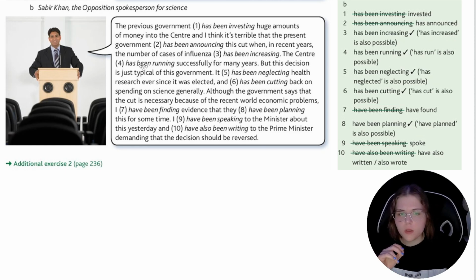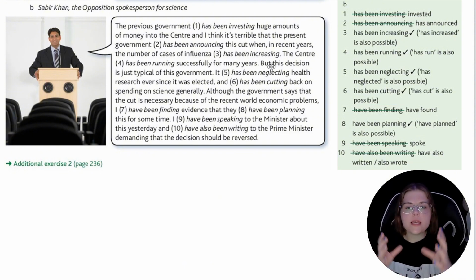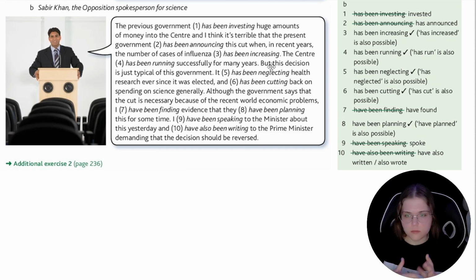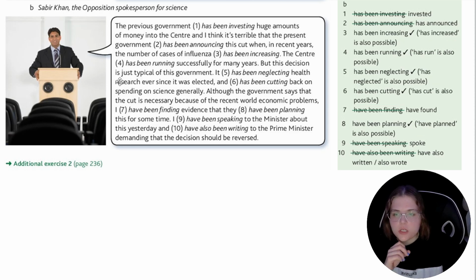The center has been running or has run successfully for many years. If "for many years" is a result, present perfect. If "for many years" is about the duration, then present perfect continuous, has been running. But this decision is just typical of this government.